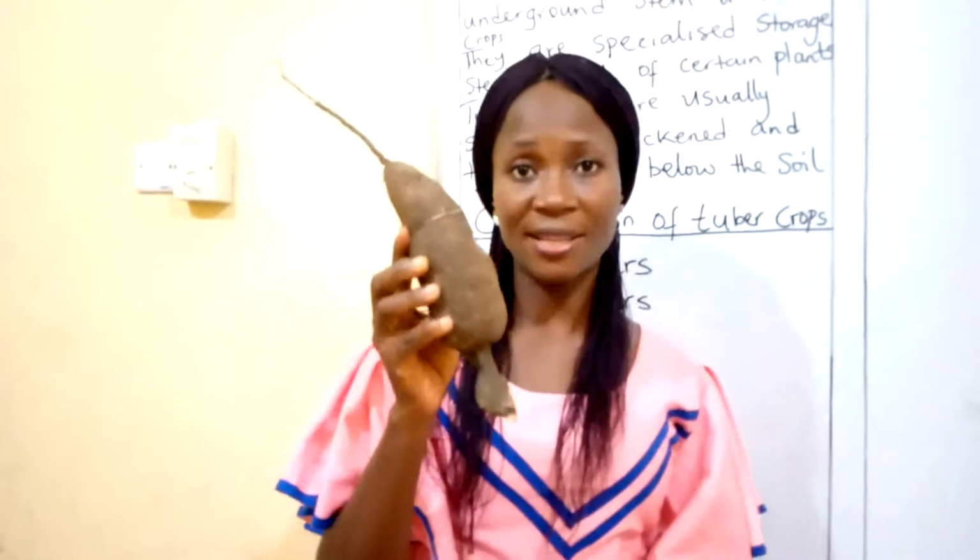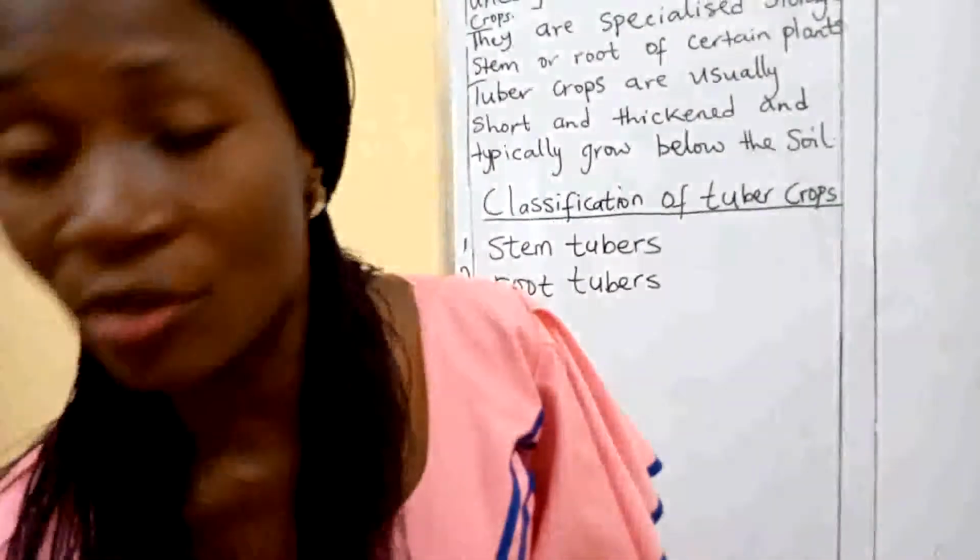Others that we cannot see here, we have cocoyam. Number four, we have Irish potato. Number five, we have water yam. Okay, let's take them down.